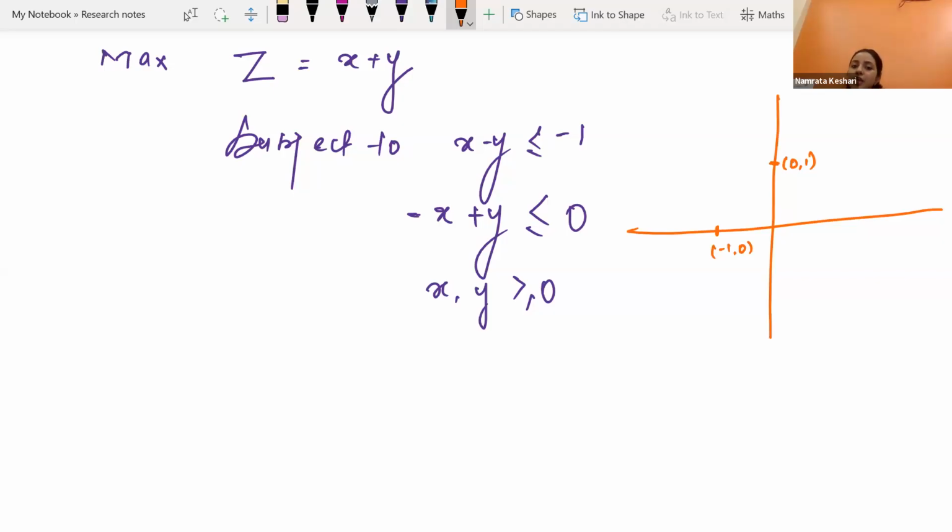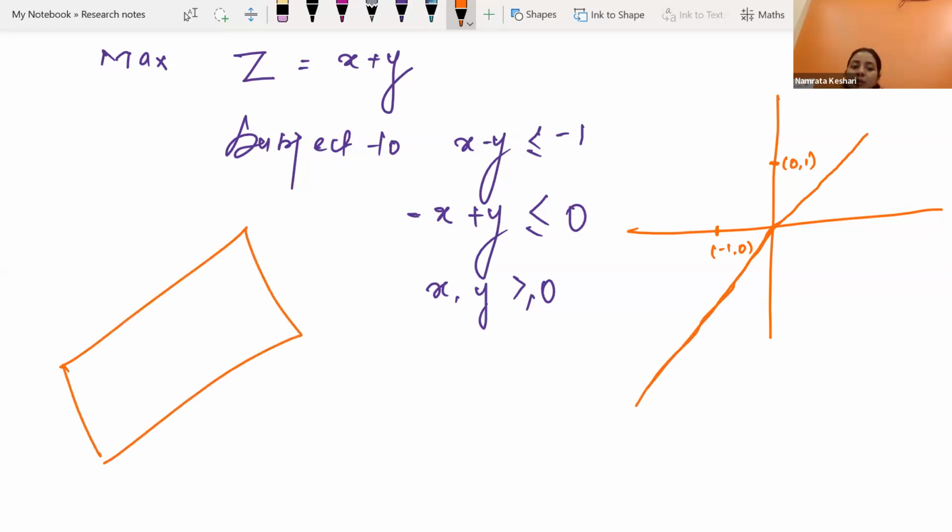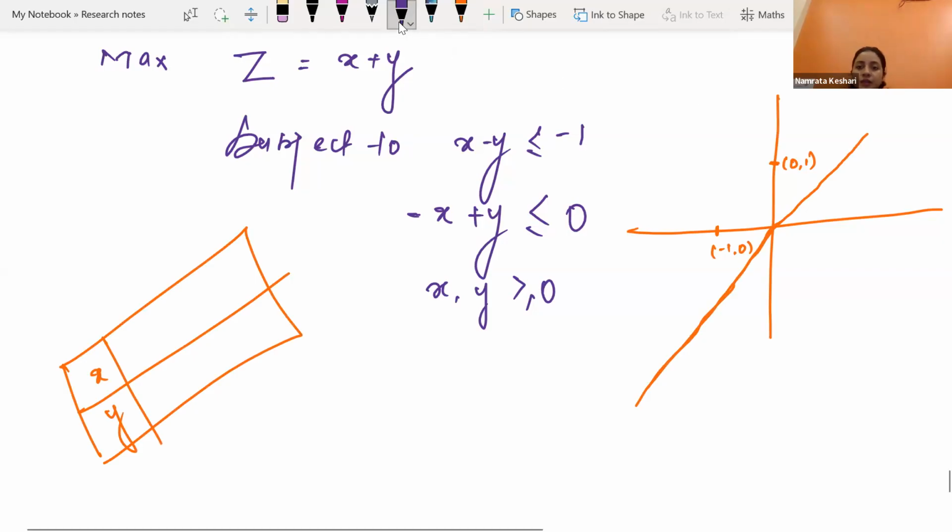For this point, we understand the line will go touching the origin. That's how we are getting the points. If you want, you can take out a few more points by making a table and taking some random X, or some random Y and then finding X. Right, Annapurna? Yes.